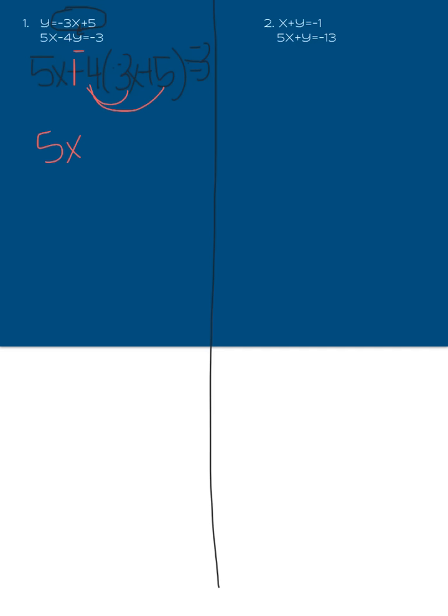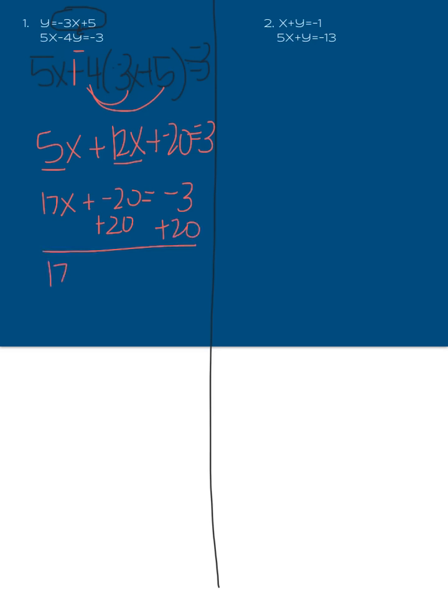So 5x plus 12x plus negative 20 equals negative 3. I'm using order of operations, so I'm going to combine my like terms, and I get 17x plus negative 20 equals negative 3. Solving for x, I'm going to add 20 to both sides, so I get 17x equals 17.